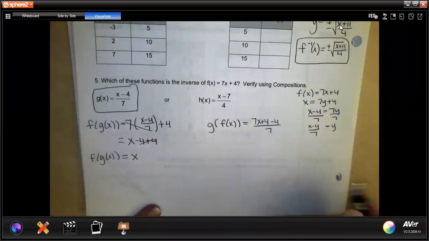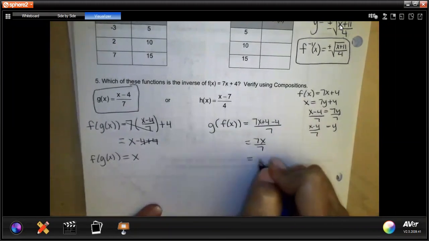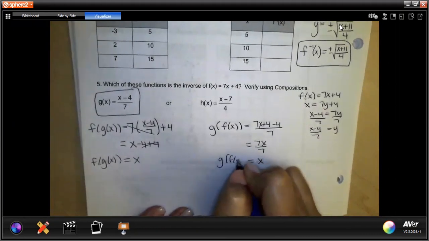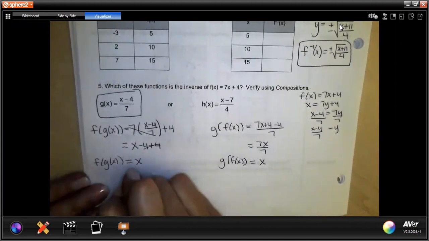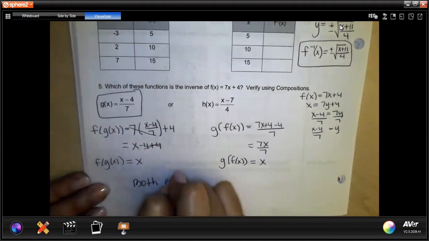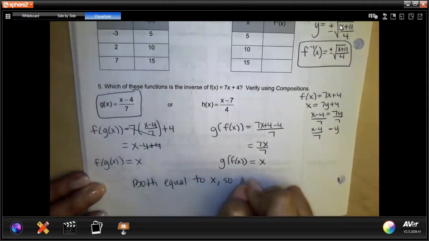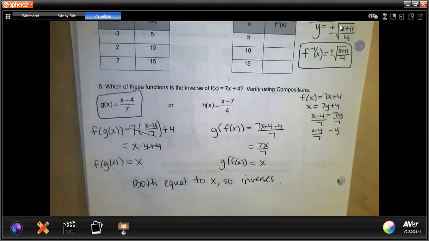The plus 4 and the minus 4 cancel out, so we get 7x over 7. And 7 divided by 7 is just 1, so g of f of x is equal to x. Since they're both equal to x, they are inverses. Again, if they were equal to anything else, they would not be inverses.